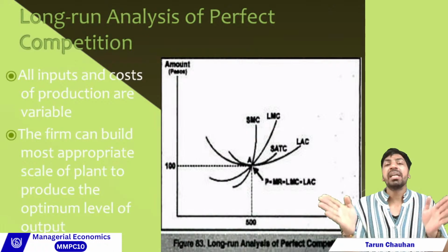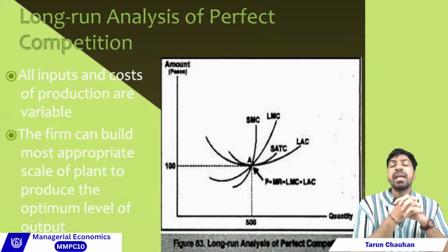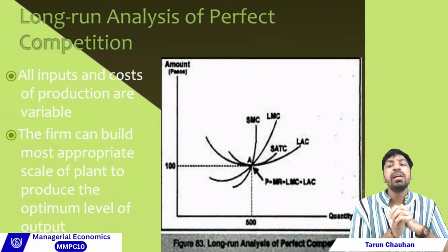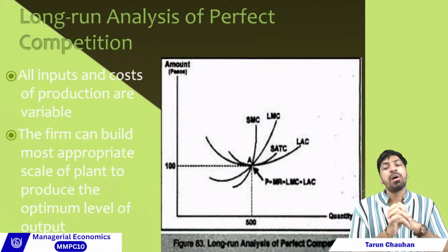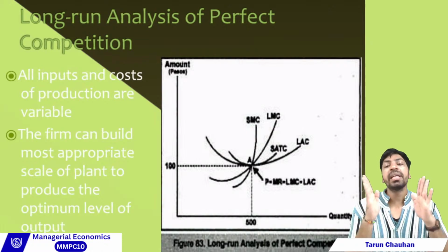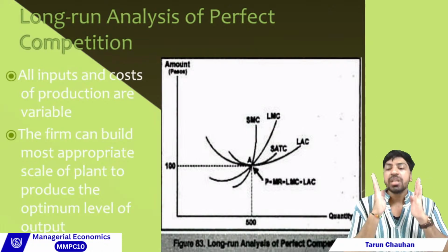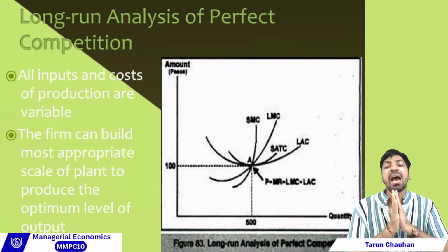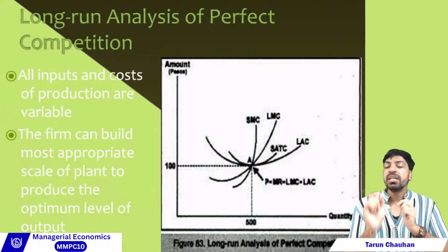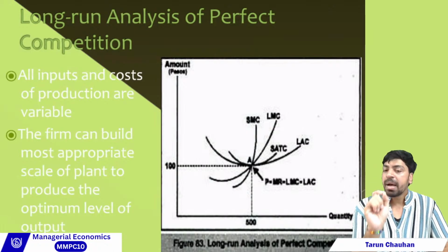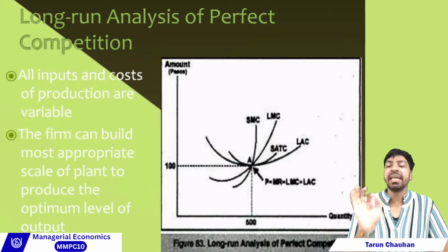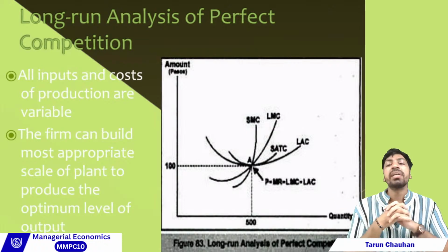So let's begin the diagram explanation. You have to draw first the LAC, the long run average cost curve. Once you draw it, draw another curve, which is called the short run average cost curve, at the minimum point of the LAC, the long run average cost curve.